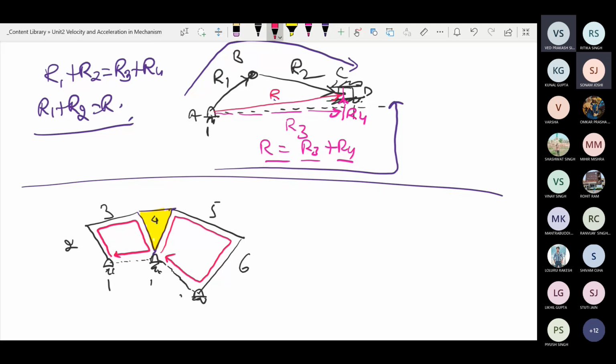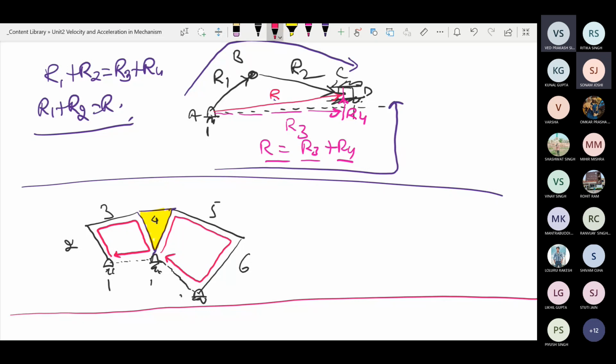Okay. So this was all about the loop closure equation. This will be useful in our velocity and acceleration analysis, along with the vector notations, whatever we have followed. So basically the next class we will be dealing with the velocity analysis.